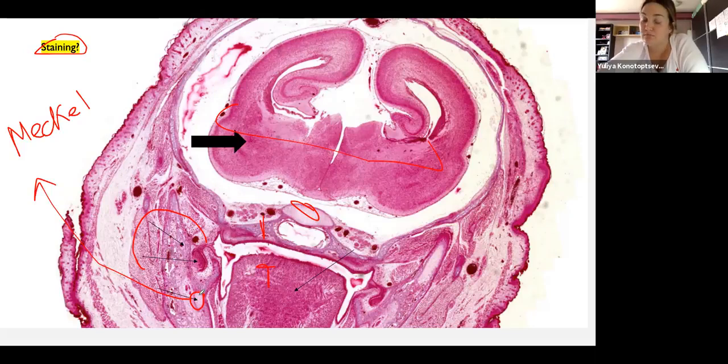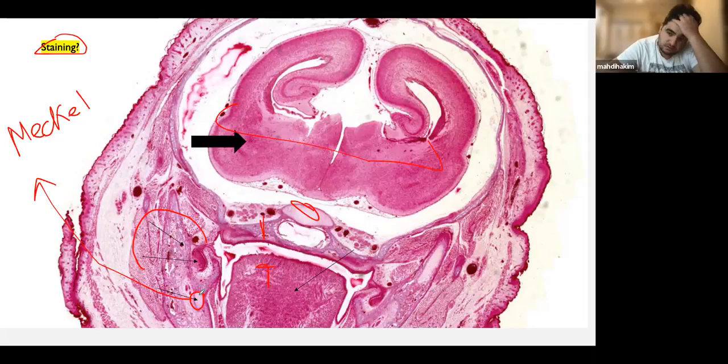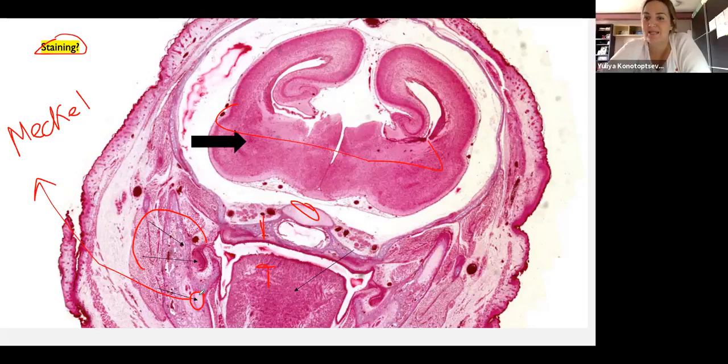What does it do? Well, it doesn't give you the mandible. It should disappear. To make a mandible, this cartilage has to disappear. So it's an embryological structure only. We don't have it. You mean it ossifies? That's what I'm trying to tell you, it doesn't.